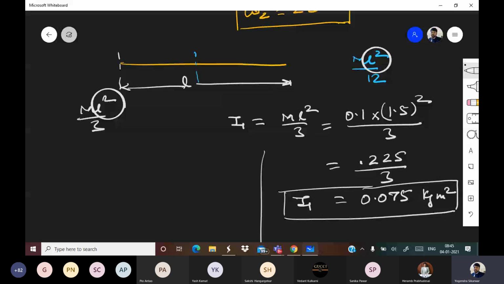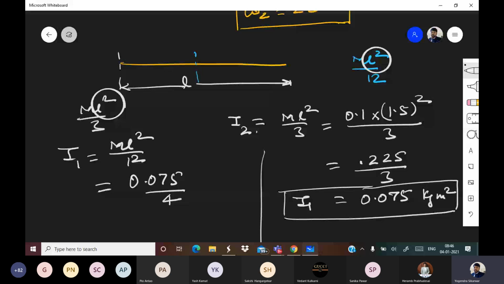Now I2. No, this was ml square by 12, so let me write it as I2. So I2 will be ml square by 12. So this will be 1/4 of this, 0.075 by 4.